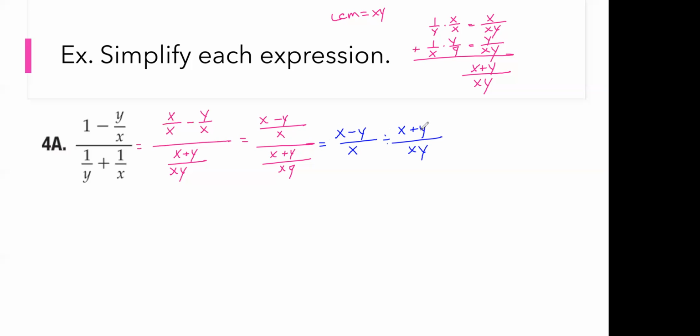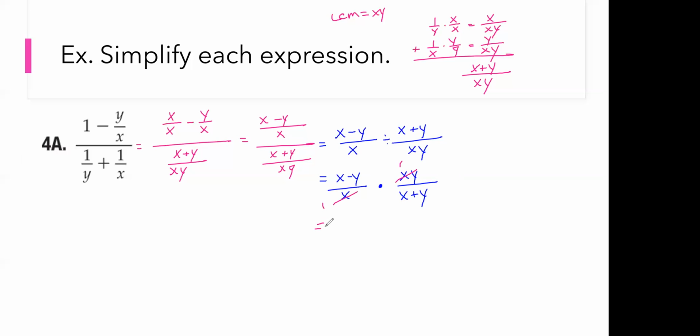And remember, when you're dividing fractions, you keep the first fraction, x minus y over x, you flip the second fraction, so this becomes xy over x plus y, and you change division to multiplication. And what I'm noticing is that I can simplify at this point because I have an x here and an x here.